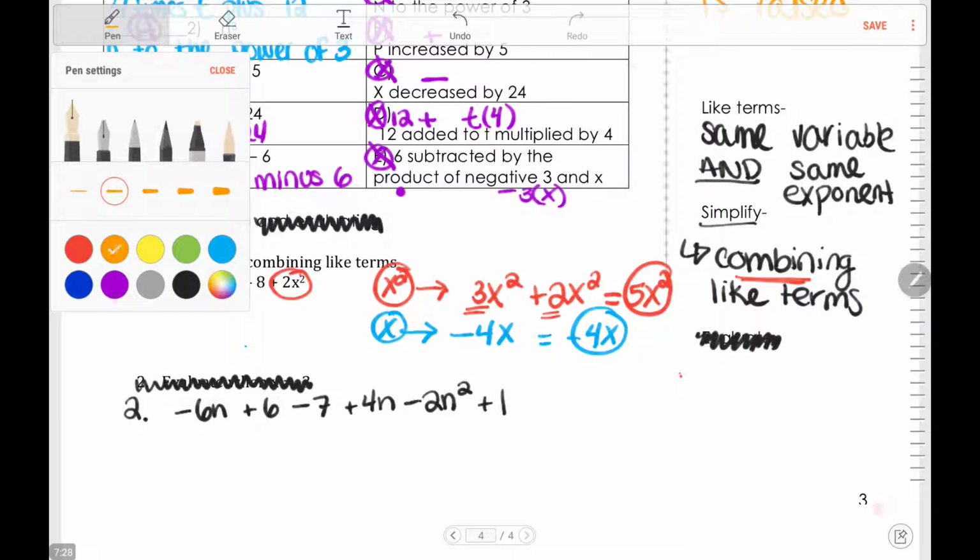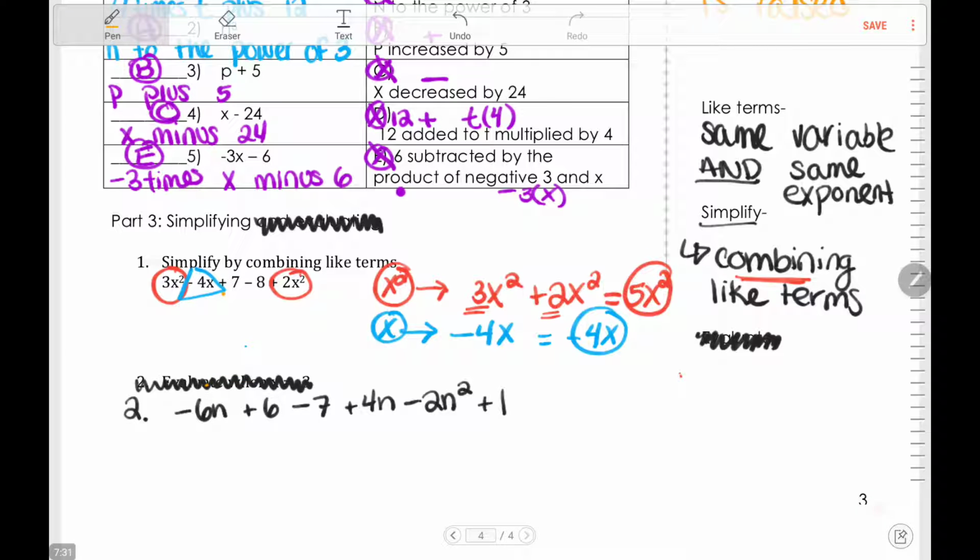Lastly, I have my number group. So I have a positive 7 and a negative 8, or minus 8. And when I combine those, I get 7 minus 8 is negative 1.